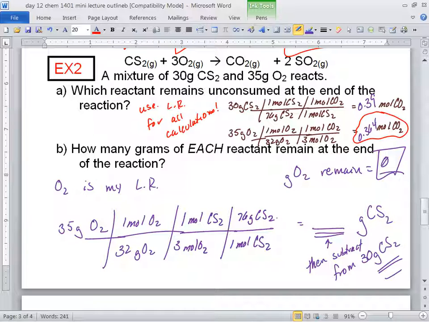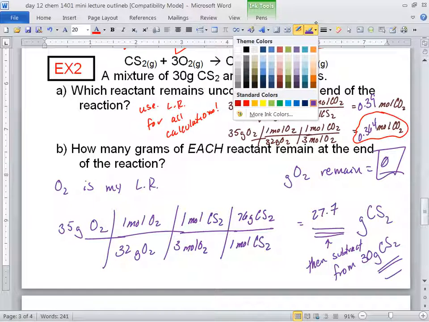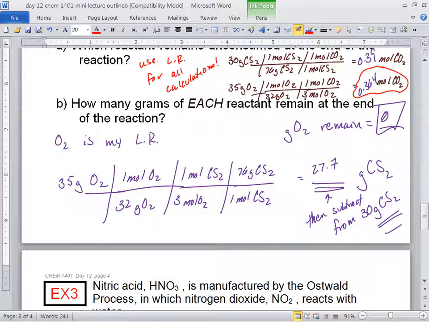So keep going. Try the next one if you got an answer here. So did you get an answer like around 0.3 grams left over? Somewhere around there. Depends on the rounding.